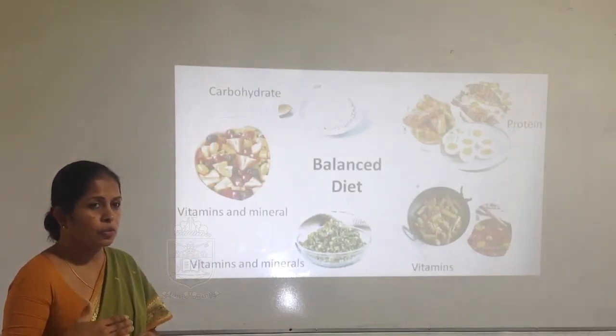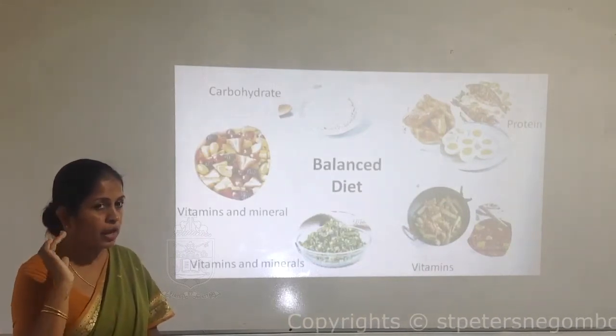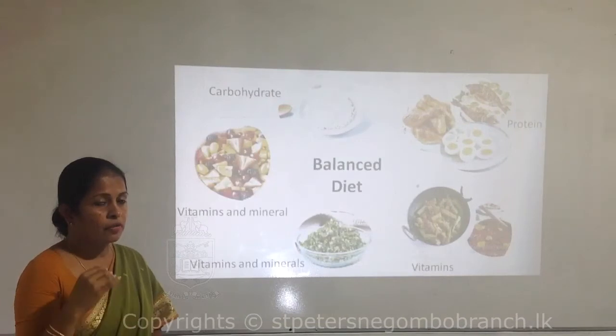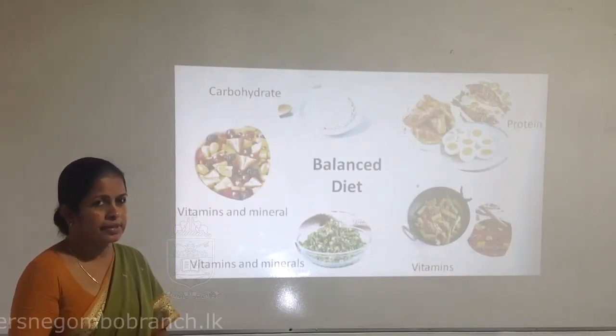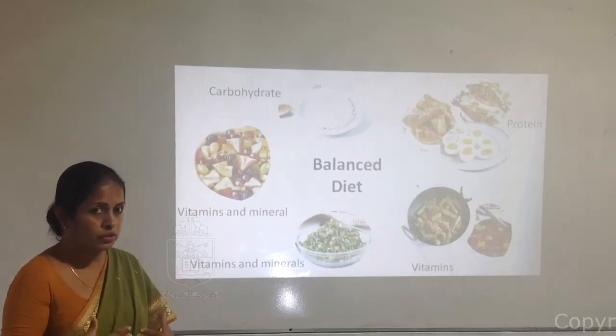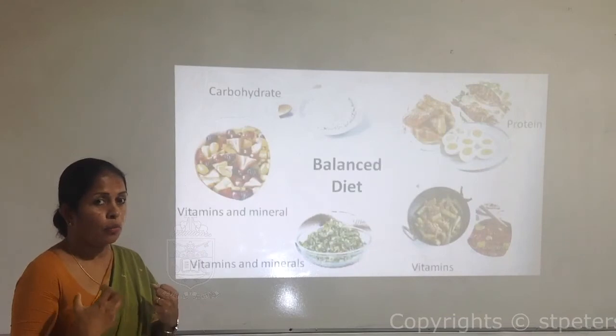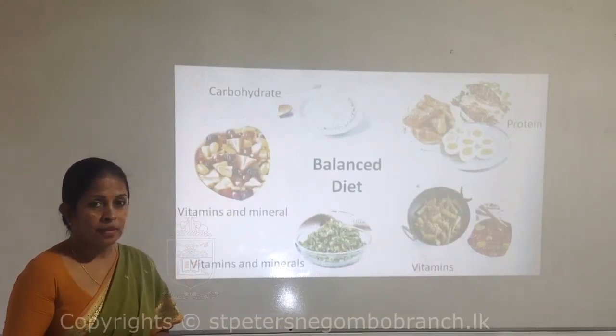You will get so many issues with the skin, with your eyes, with your hair. You will lose your hair, you will lose your eyesight, and your skin will get damaged. So to control all these things, you need vitamins. So to get the vitamins, you need fruits.